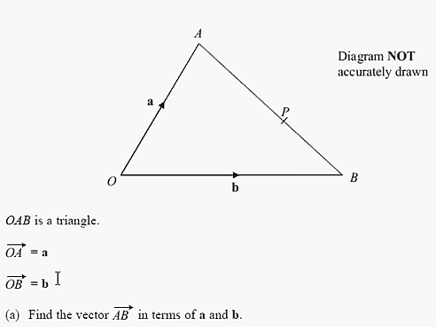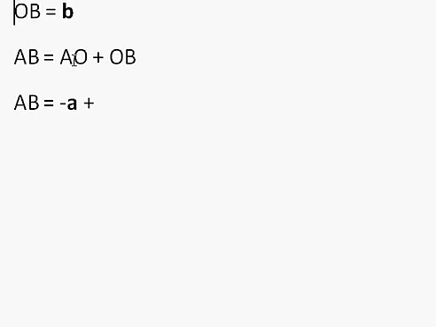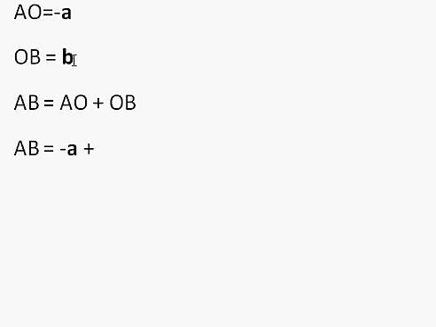We need to write the vector AB in terms of the vectors a and b, so we just substitute in the values. What is AO? AO equals negative a. So we write down AB equals negative the vector a plus OB, and that OB is just simply b.